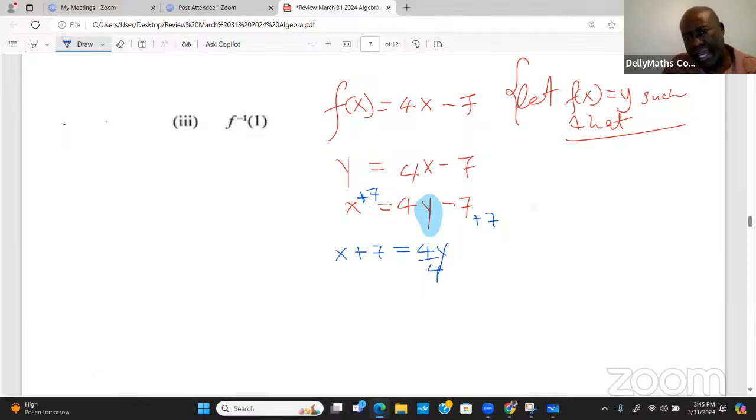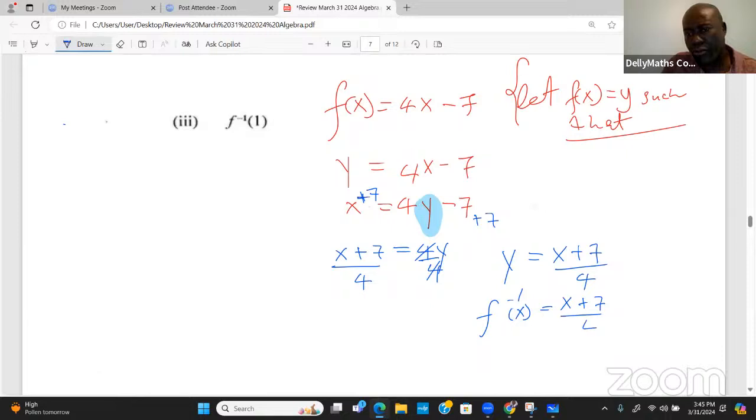So we're going to divide both sides by 4. So now we're seeing it where y is by itself. So I could just write that y is equal to x plus 7 all over 4, which means that the inverse of f of x is x plus 7 over 4.